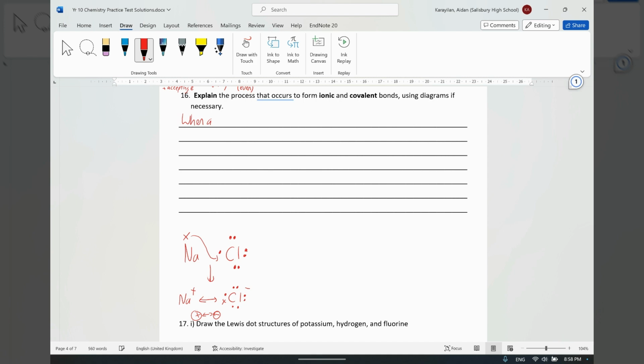When a metal and non-metal react, the non-metal takes electrons from the metal, making it an anion, which remember is a negative ion, and the metal atom turns into a cation, which is a positive.